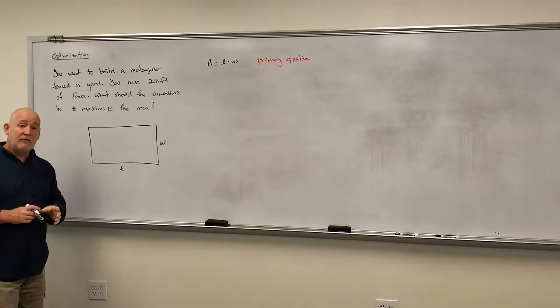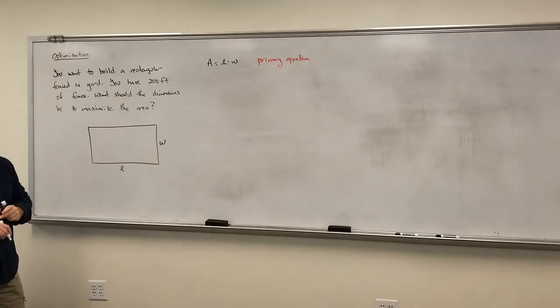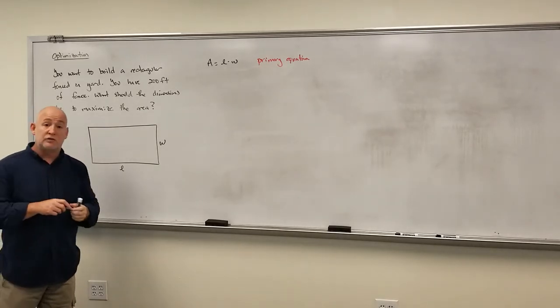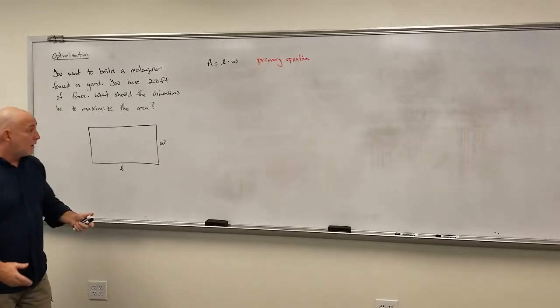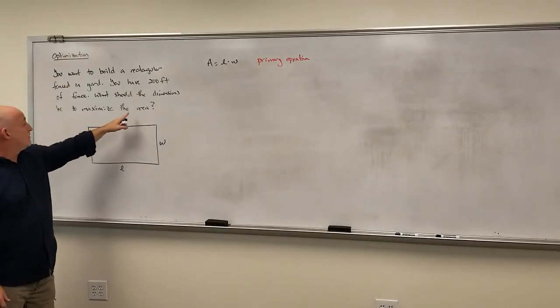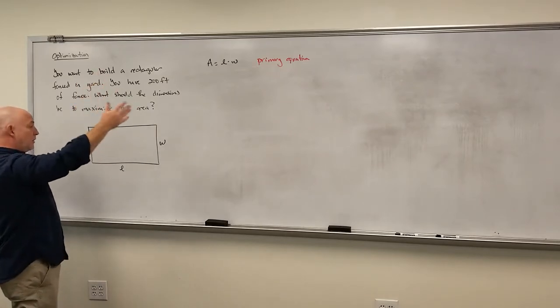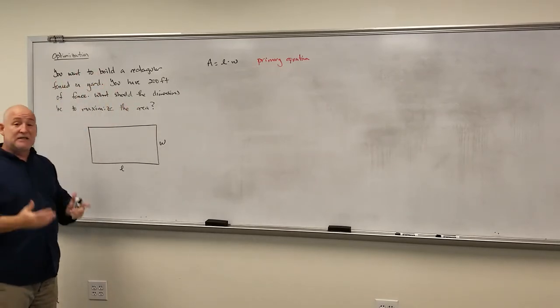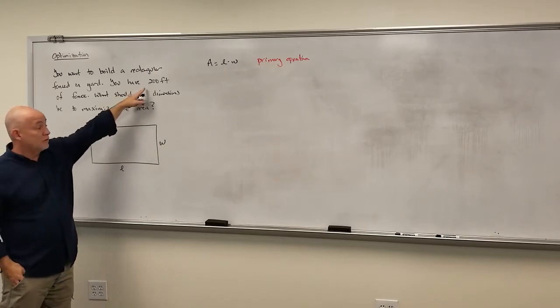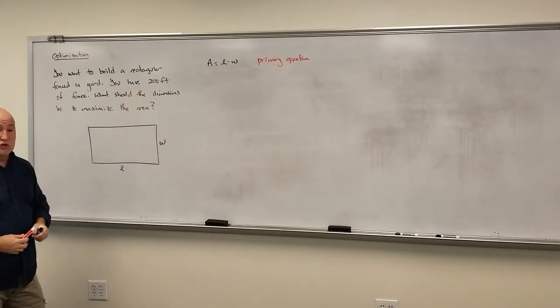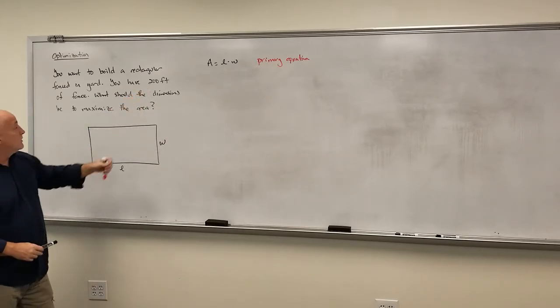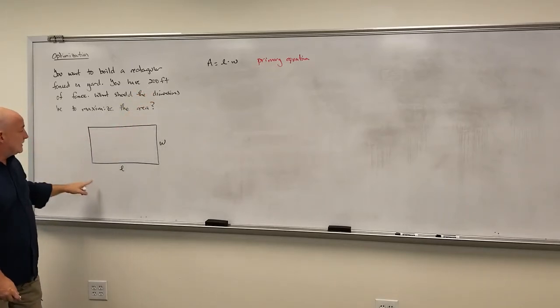Well, we do have a constraint in this problem, and in most real-life problems, you do have a constraint, something that you have to live by. Now, this thing says, what's the maximum area? Well, if I had an infinite amount of fence, I can make this as big as I wanted to. I can make it infinitely big. But I don't have that much fence. I only have 200 feet of fence. So that's a constraint. So what does this 200 feet represent in this problem?